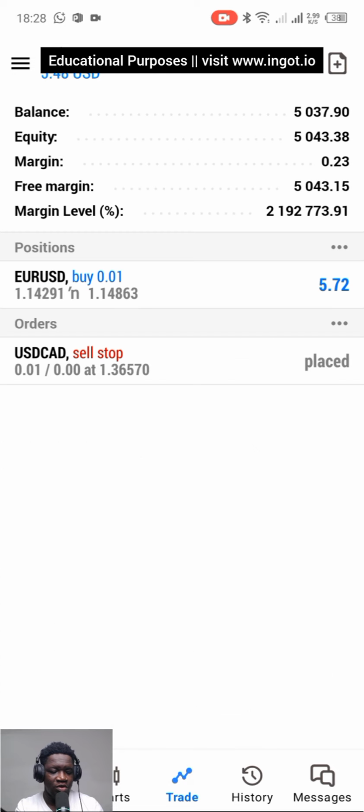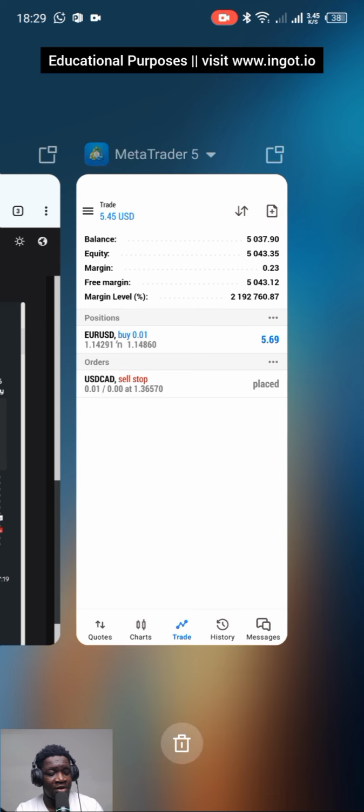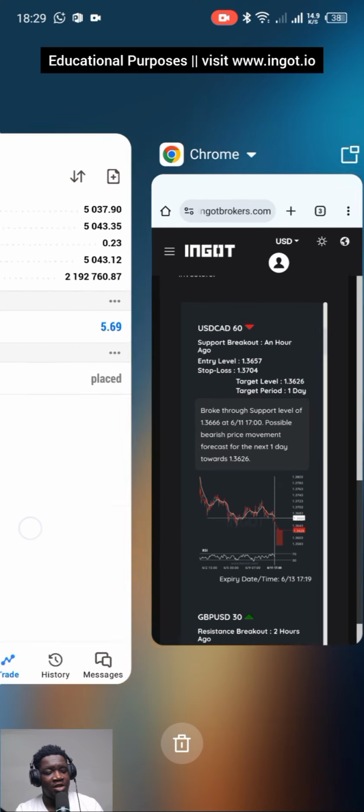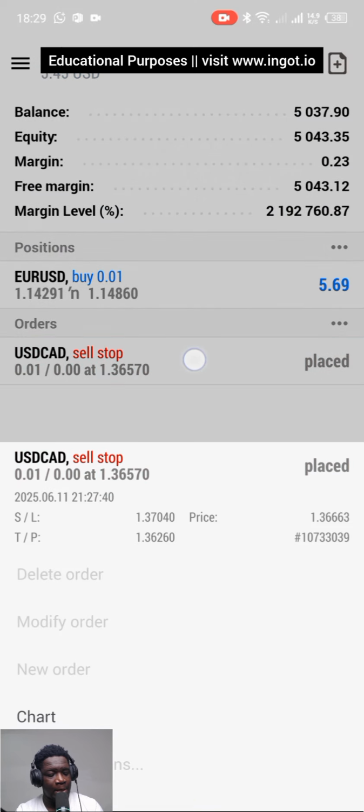When it executes, you will see these numbers changing here, but that hasn't happened yet, so you can leave your trade to keep running. Okay, so that is the signal from your dashboard. You put in all those numbers. You can also modify it.